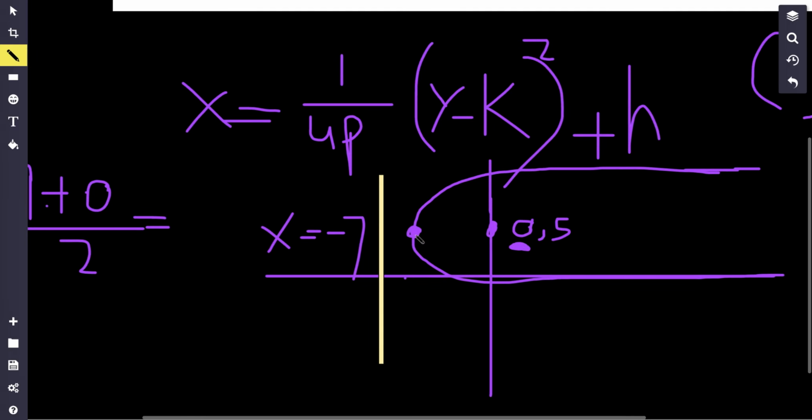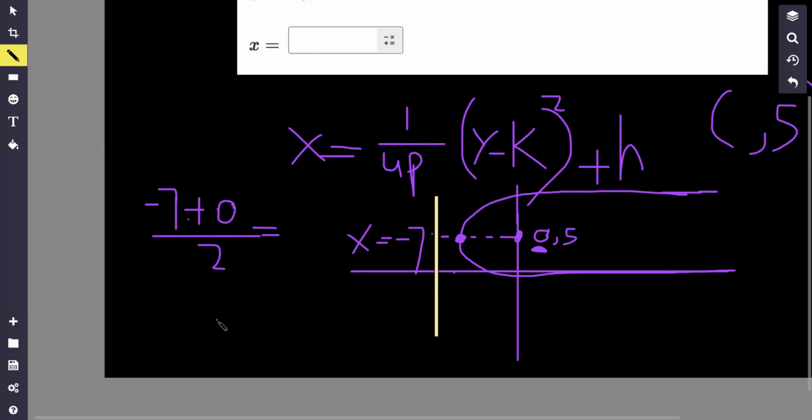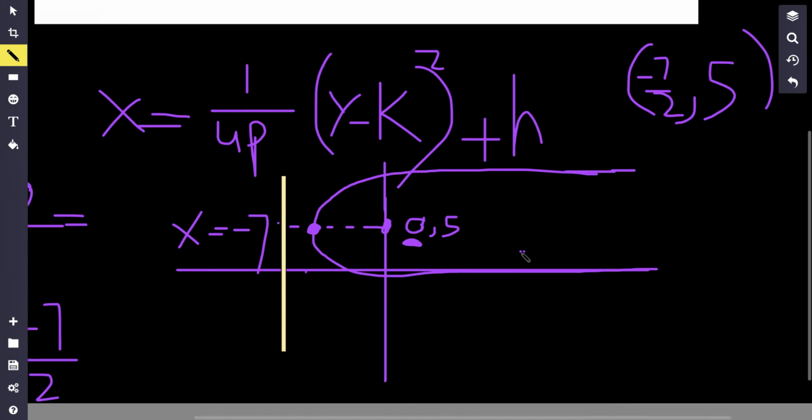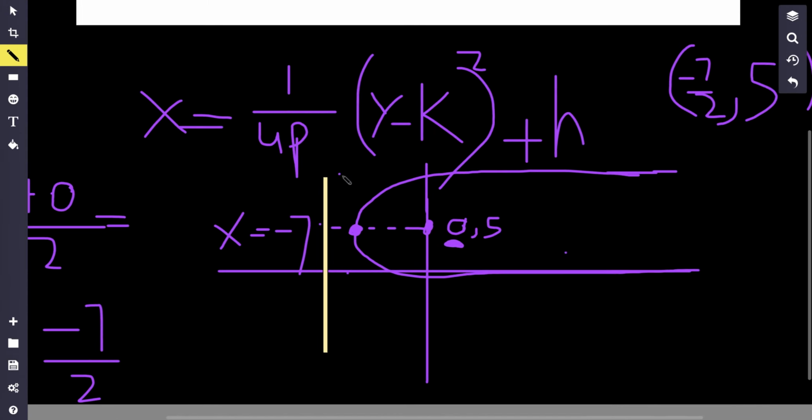That makes sense because our vertex point is in between those two values. In order to get the point that's equidistant from the directrix and the focus, you just take the average between the two, and you get -7/2, which is going to be our x value. -7/2 is also the same thing as -3.5.